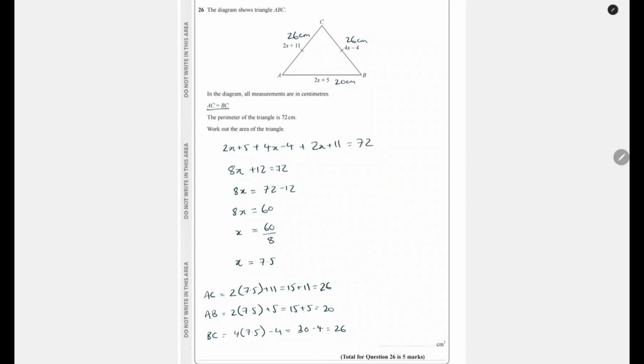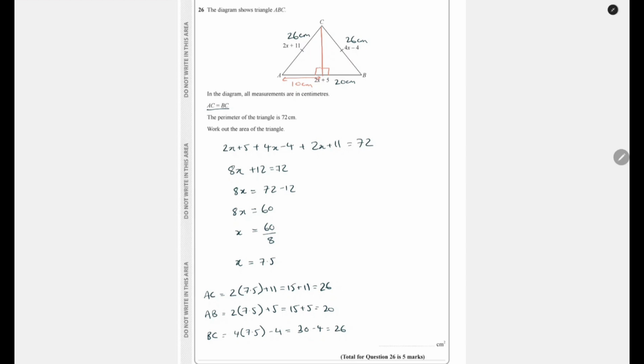So now that we have the lengths, we can work out the area of the triangle. We can cut this triangle in half as it's an isosceles triangle. We know that side AC is equal to BC, and so we have a right angle triangle. The total length of AB is 20 centimeters, which means this length here is 10 centimeters, i.e. half of the length.